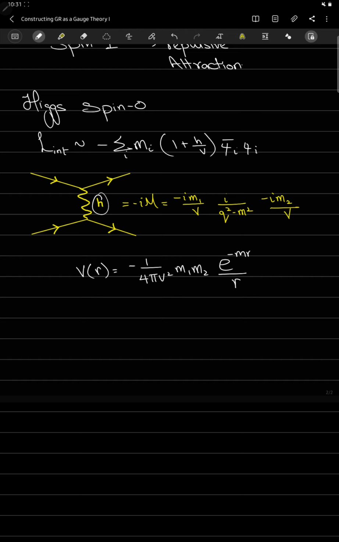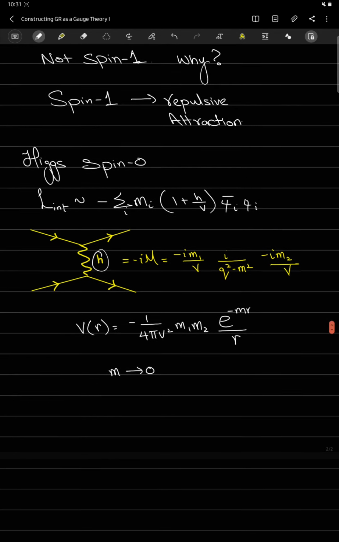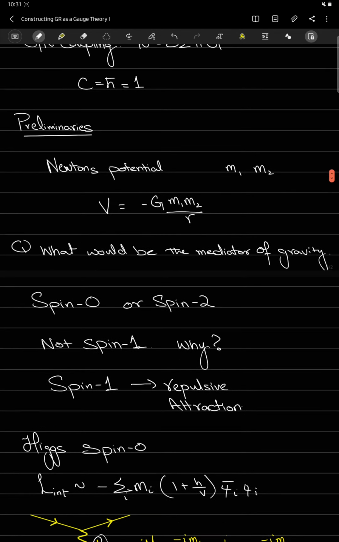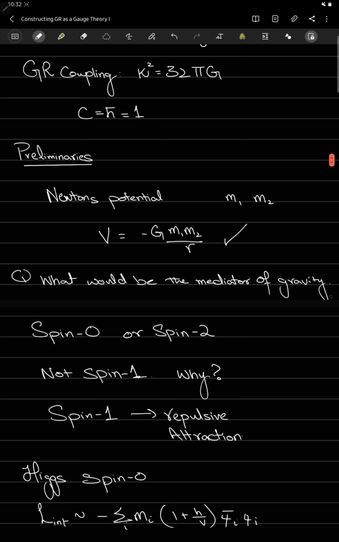Now if I take the limit that m goes to 0, I would recover the well-known Newton's gravitational potential, which I wrote over here. So this is what I would get back.